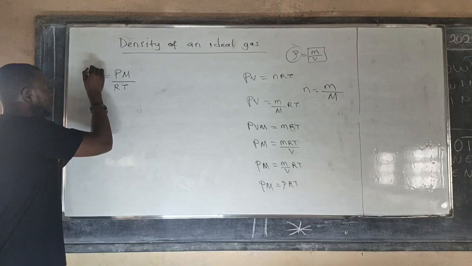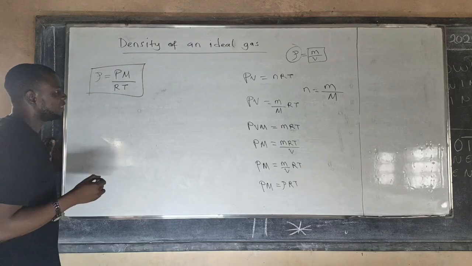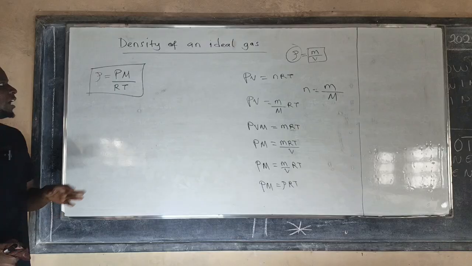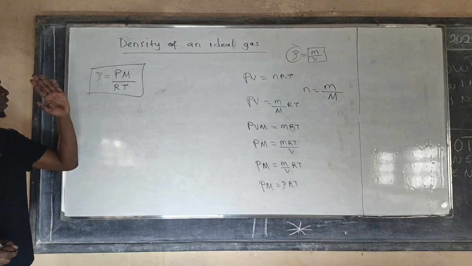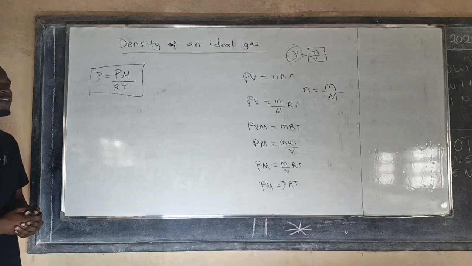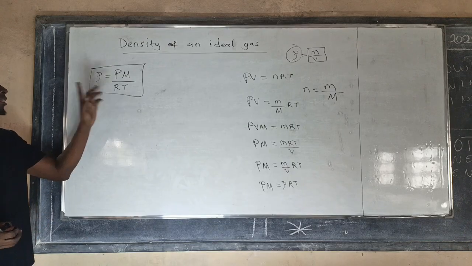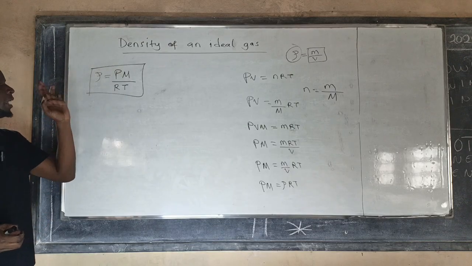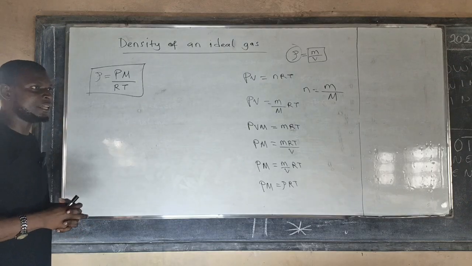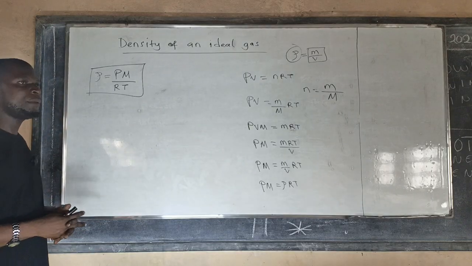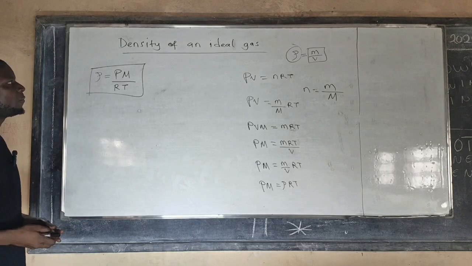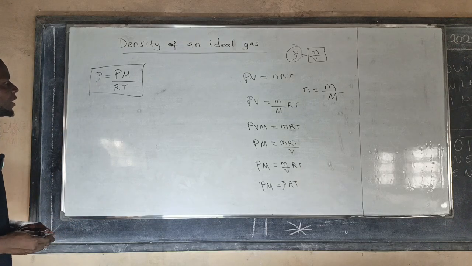So this is the formula we can use to find the density of an ideal gas. If we have the pressure and the temperature, we can find the density. R is a constant and M is the molar mass, which we can determine from the periodic table once we are given the gas. So this formula will help us find the density of an ideal gas.